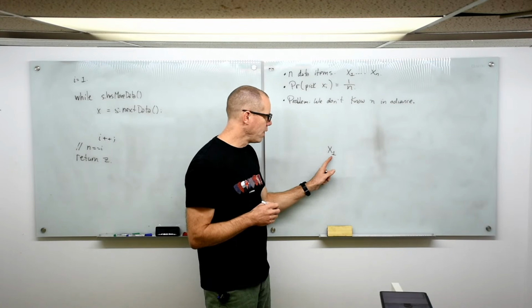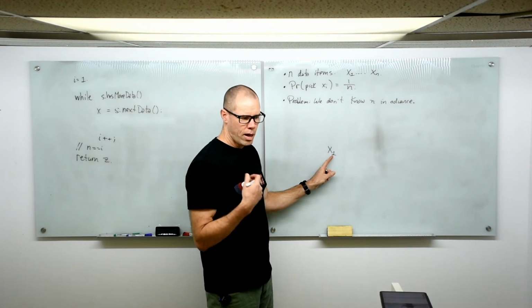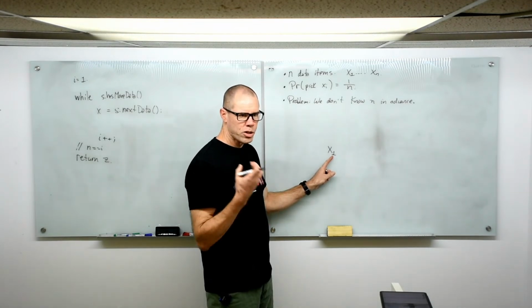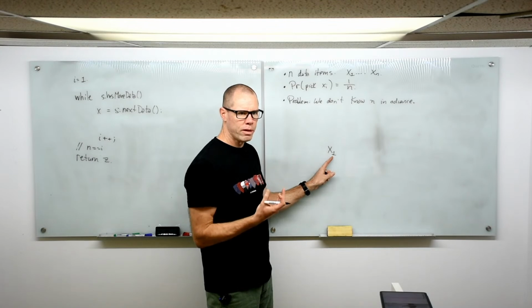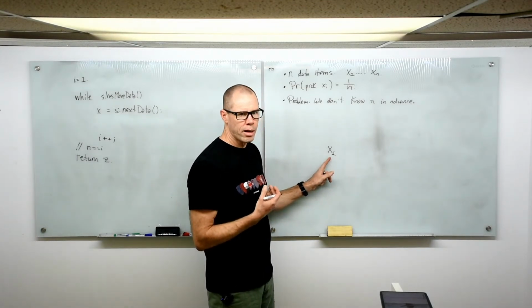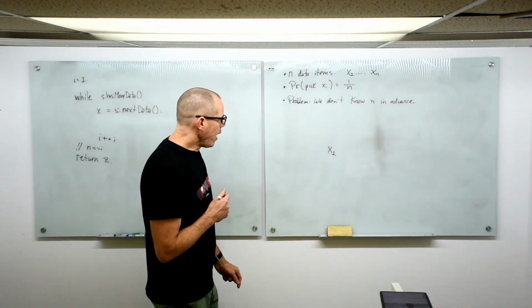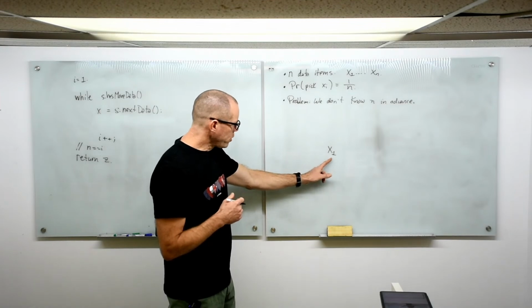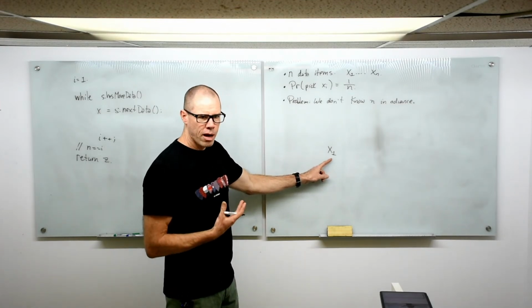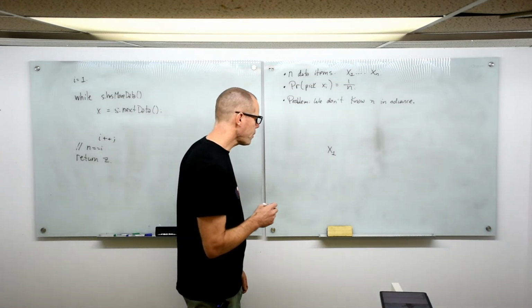That suggests that I have to save x1, because there's a chance that it might be the only thing. If you ask me for a random sample from a one-element set, it has to be that one element. So that's one extreme. When you start, you'd better save this first element you see, at least temporarily.